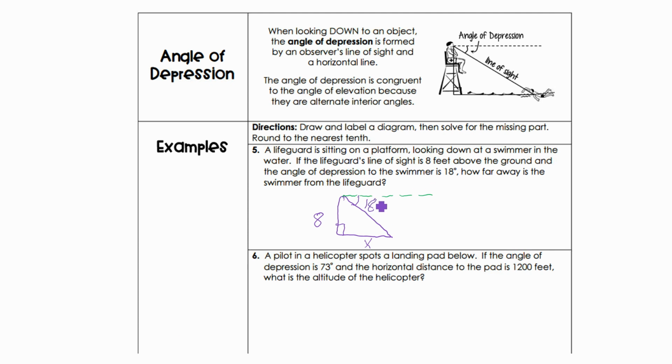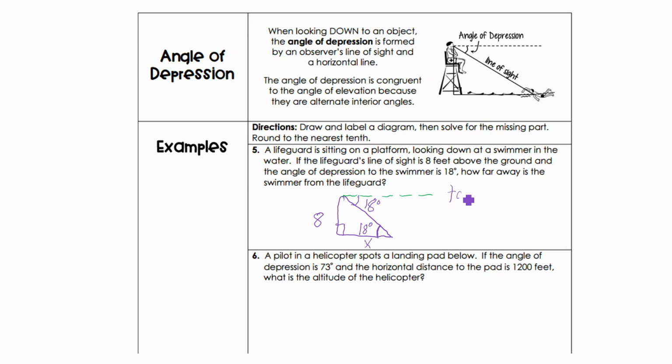Now, there are a couple different ways you could solve this. One way is basically using what the notes say right here, the fact that this angle of elevation is also 18 degrees. So first let's do it that way. Within your triangle, the 8 is the opposite and x is the adjacent, so that's tangent.